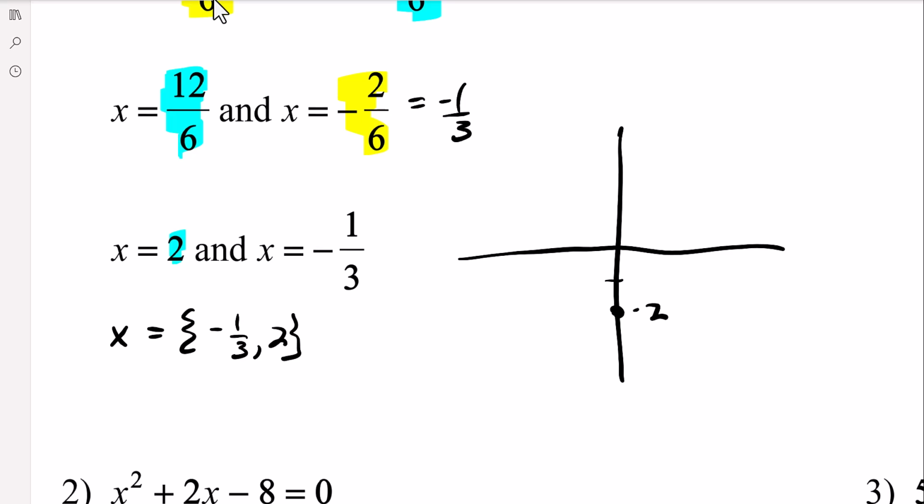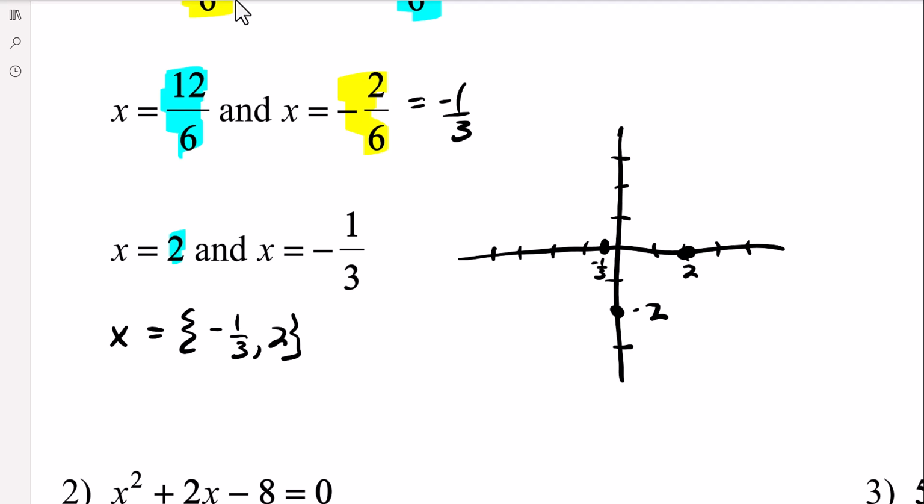And here are our roots, -1/3, so maybe about there, and +2.